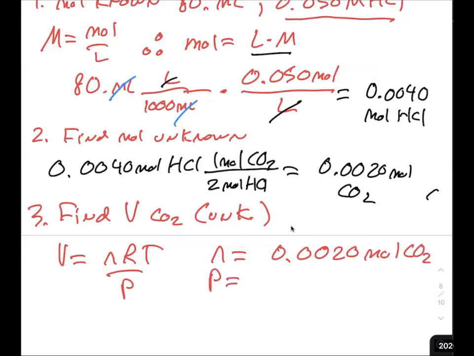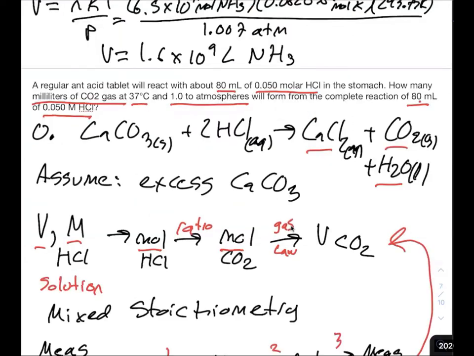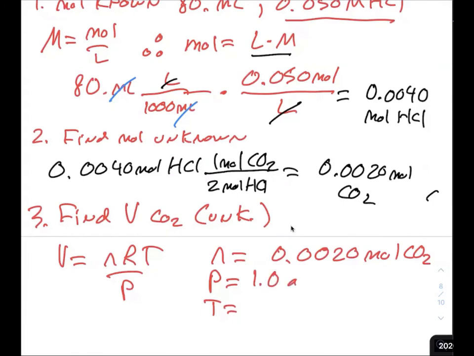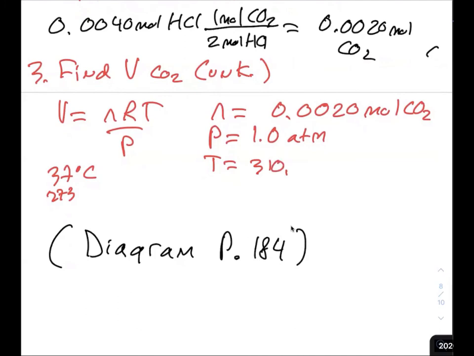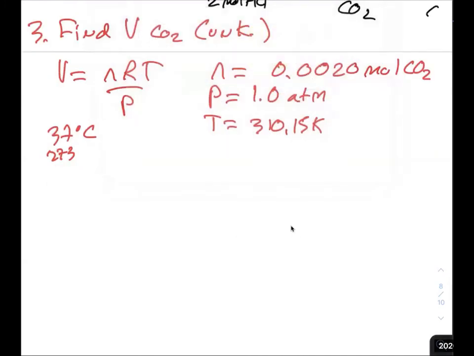The pressure of my gas is 1.0 atmospheres. It's not STP because I'm at 37 degrees Celsius. So 37 plus 273 is 310.15 Kelvin.